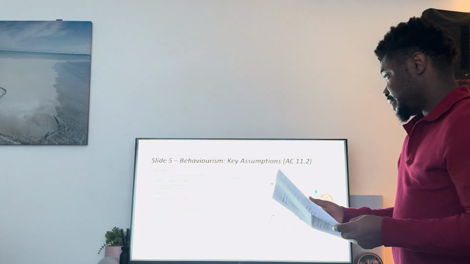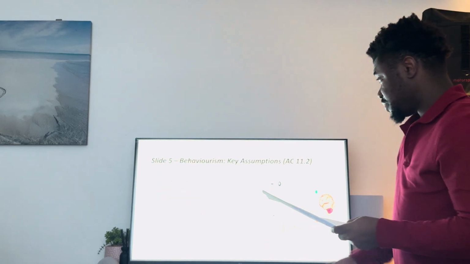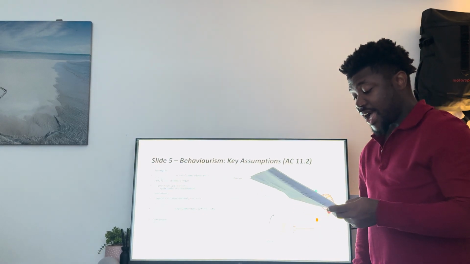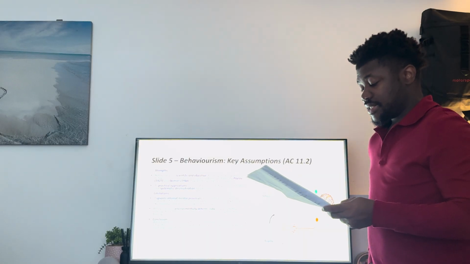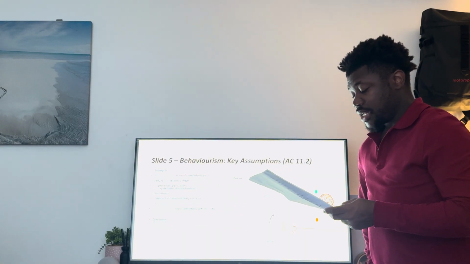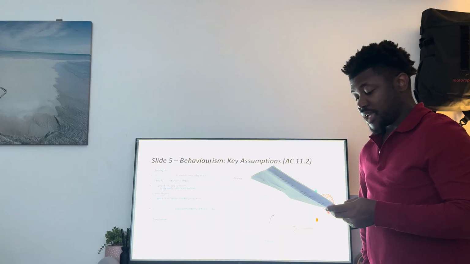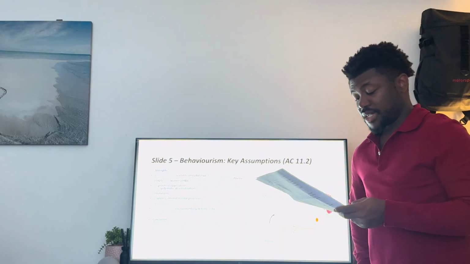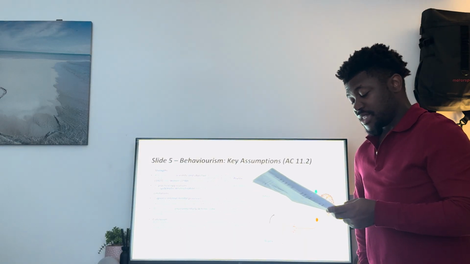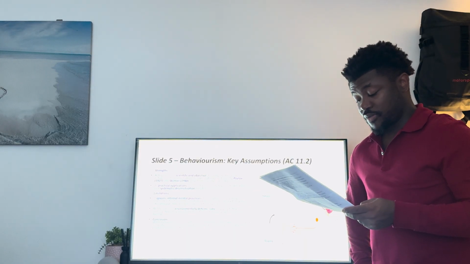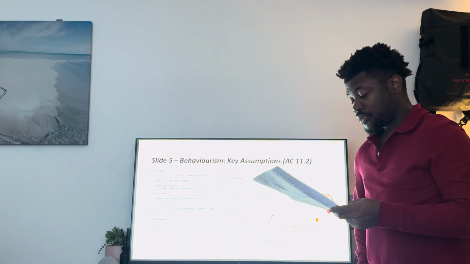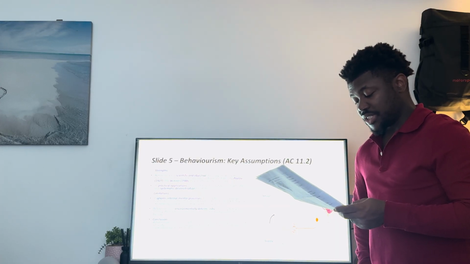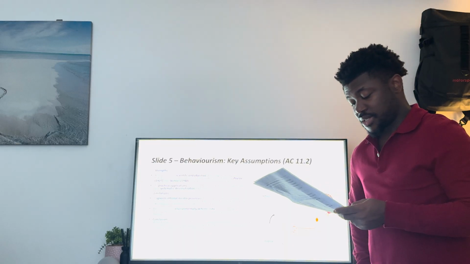Now we come to the next slide, which is the key assumptions of behaviorism. Behaviorism's strength lies in its scientific approach. It focuses on observable behavior, making psychology more measurable and objective. Pavlov's and Skinner's experiments provide reliable, replicable evidence that learning occurs through association and reinforcement.